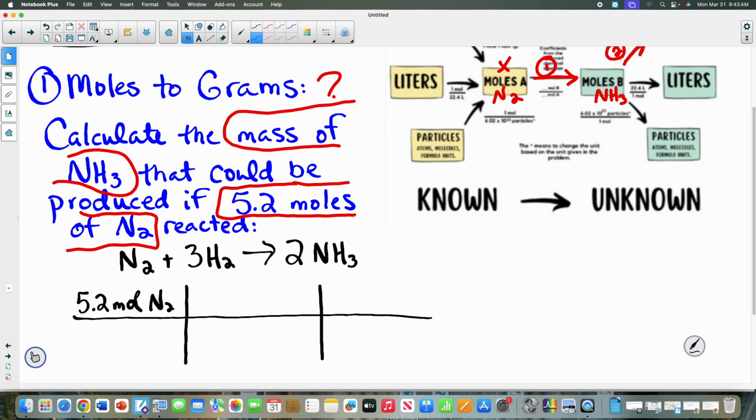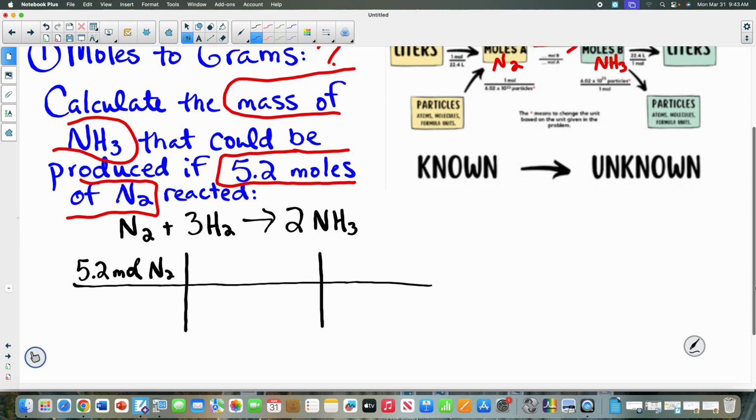So my first step is my mole ratio, right? What substance do I want on top of my mole ratio? I have 2 choices. Do I want N2 on top or do I want NH3 on top? Good.